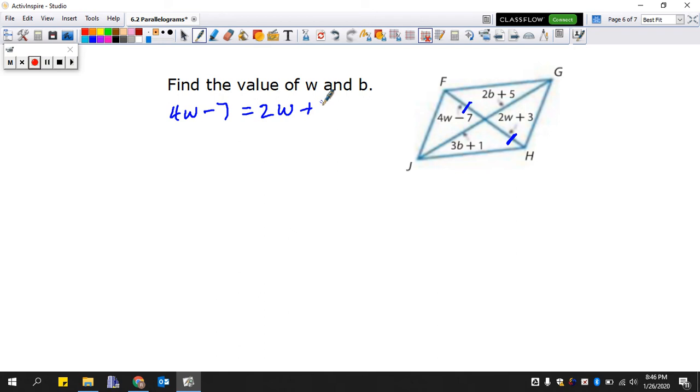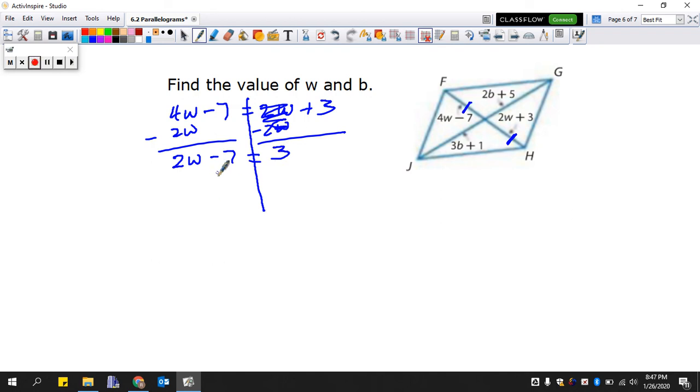We're going to collect the W's first, so we subtract 2W from both sides. We're left with 2W minus 7 is equal to 3.